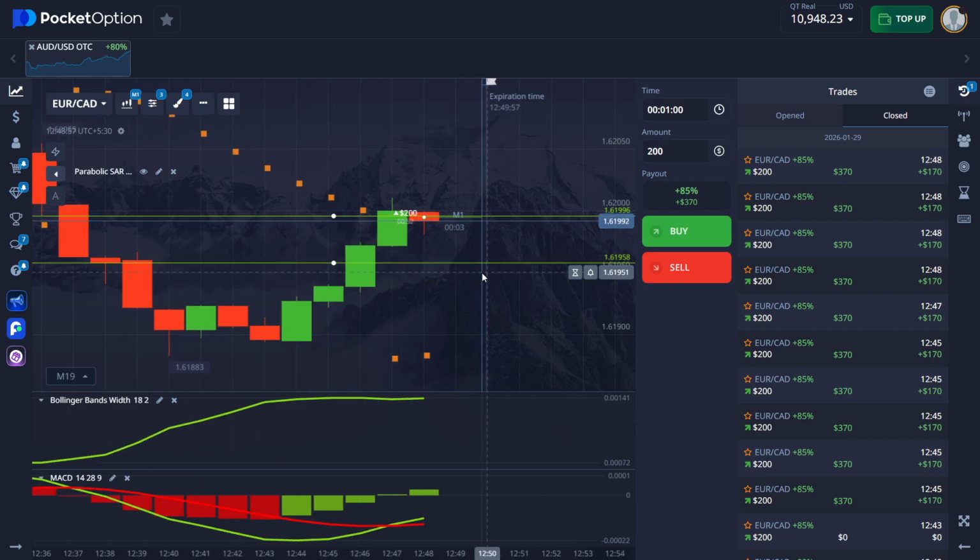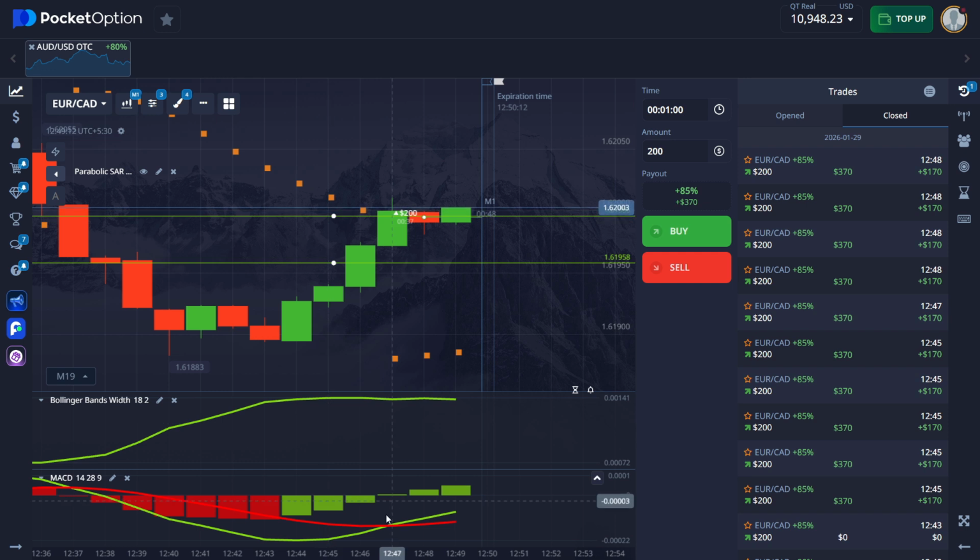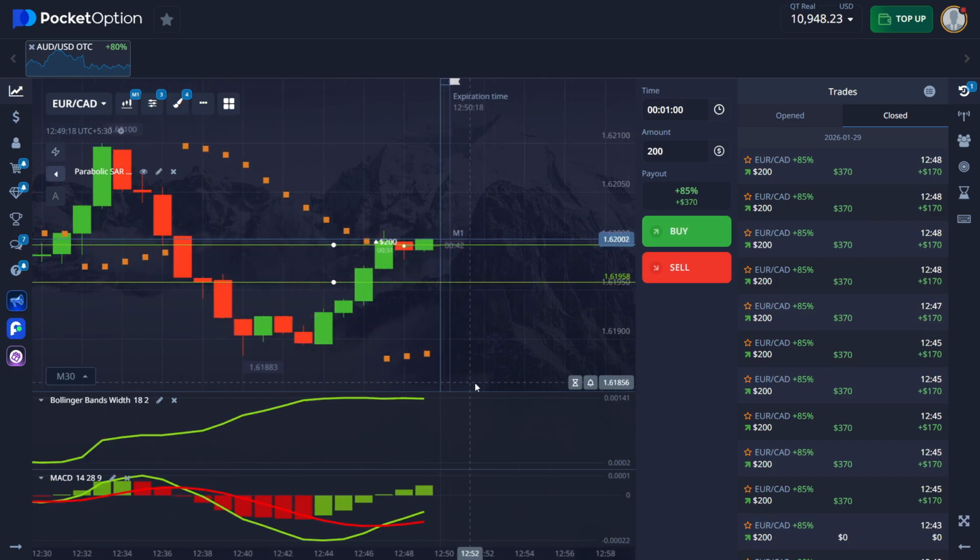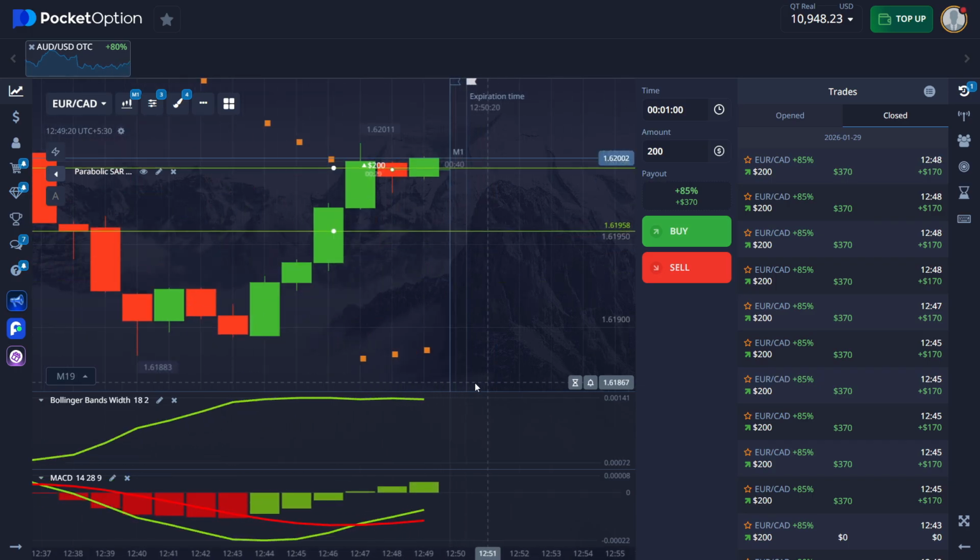Reason being, I am not much confident about the possibility of the candle being formed as green, but I put that trade on the confirmation of the Parabolic SAR and the intersection between the MACD lines here. So I have placed again a $200 trade towards the upward direction.